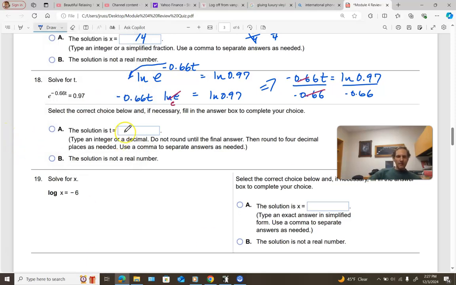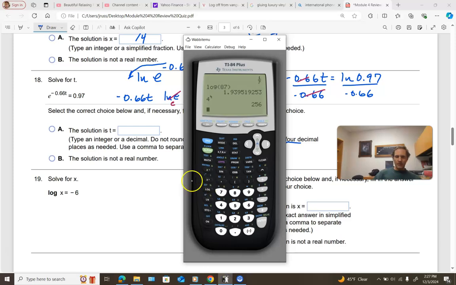Now if you look, it says type an integer or a decimal. So we're going to have to put this in the calculator. And we're going to round it to 4 decimal places. All right, so let's try this.